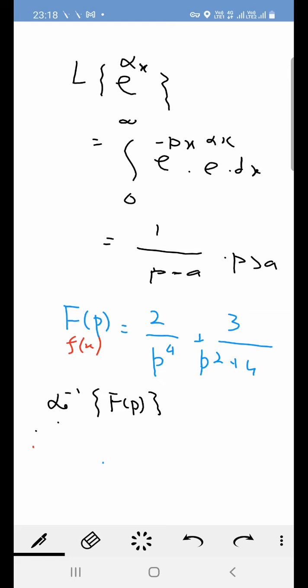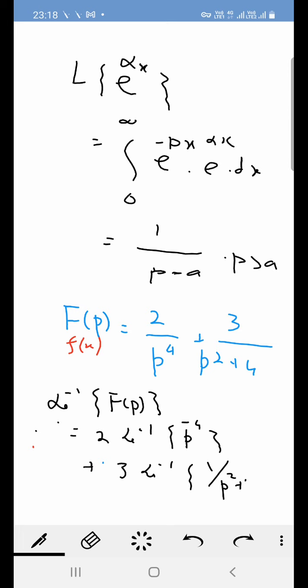So the inverse Laplace transform is equal to 2 times the inverse Laplace transform of p to the power minus 4, plus 3 times the inverse Laplace transform of 1 by p square plus 4.